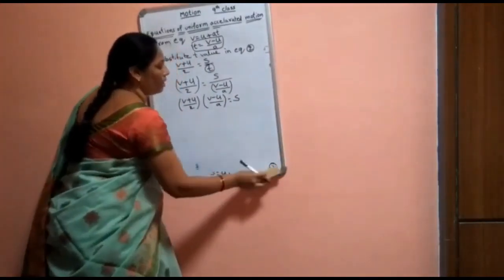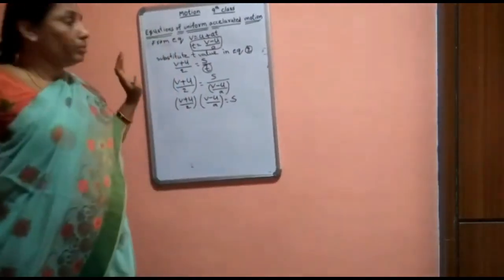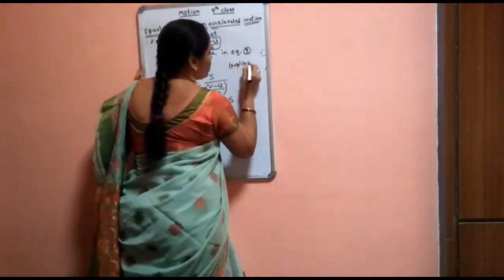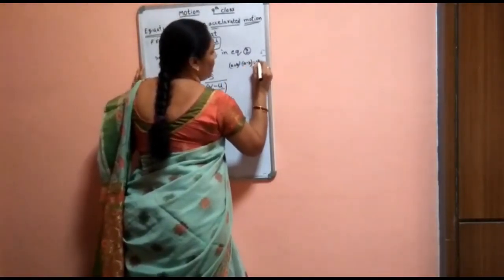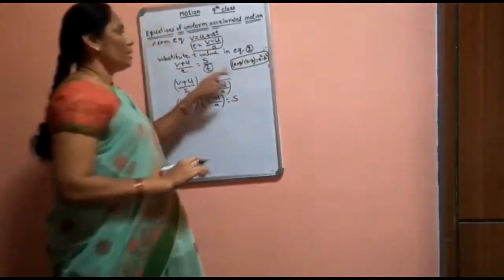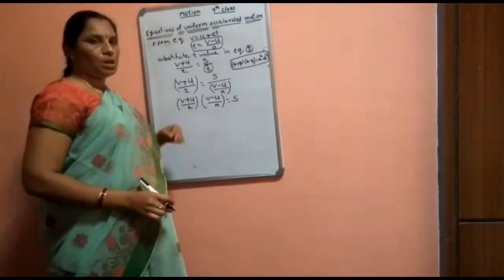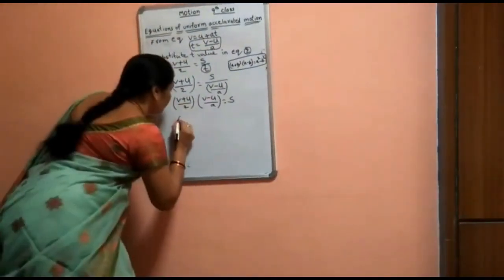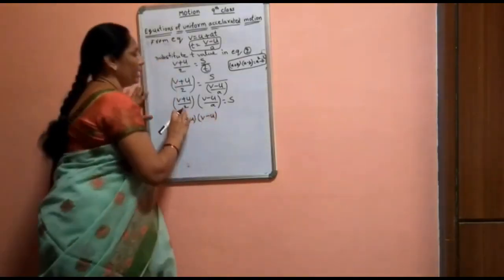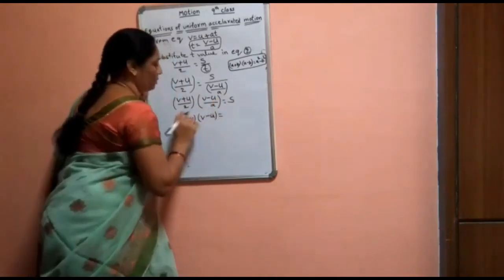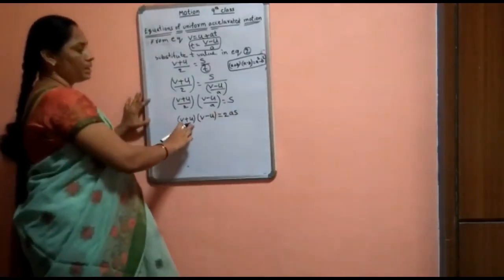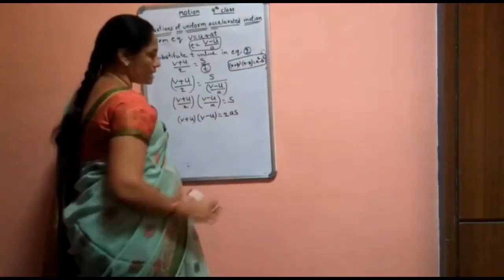All of you know very well in mathematics the formula of a plus b into a minus b is equal to a square minus b square.